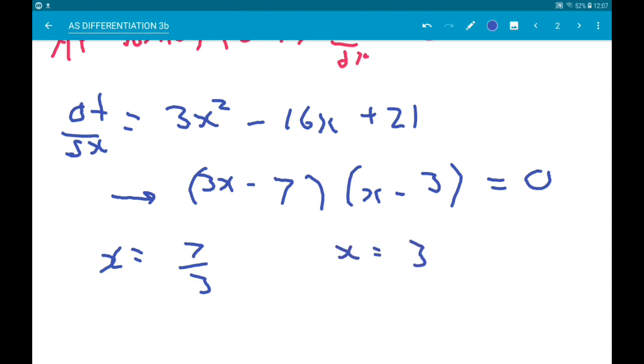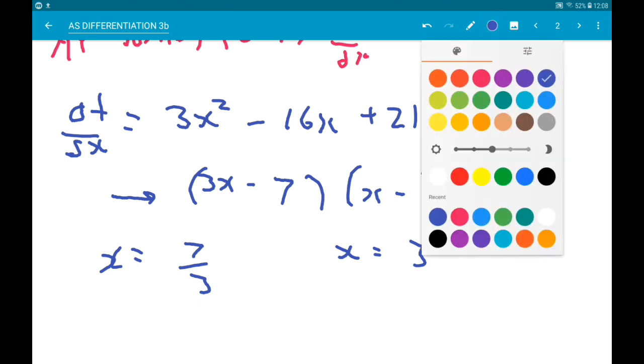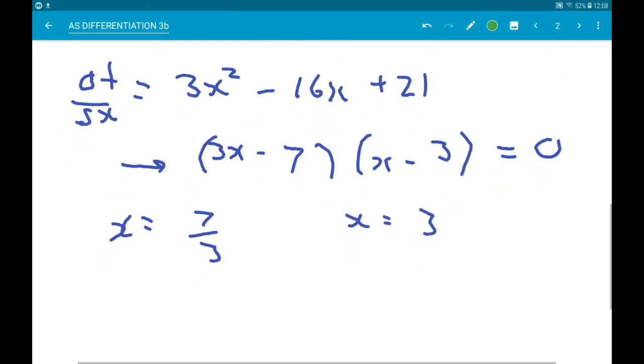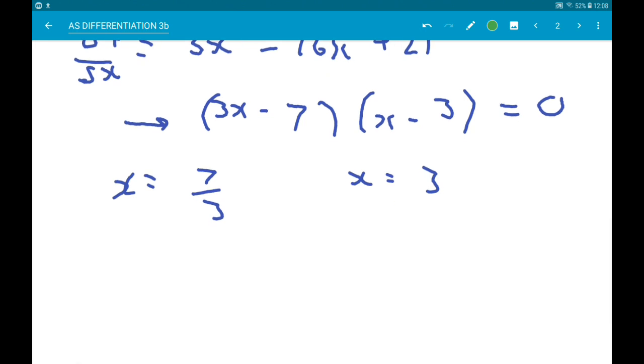So we also now need to find the y coordinates. So to do that, we're going to use the original form of the equation. So x minus 2 times x minus 3 squared. So when x is 7/3, y is 7/3 minus 2 times 7/3 minus 3 squared.